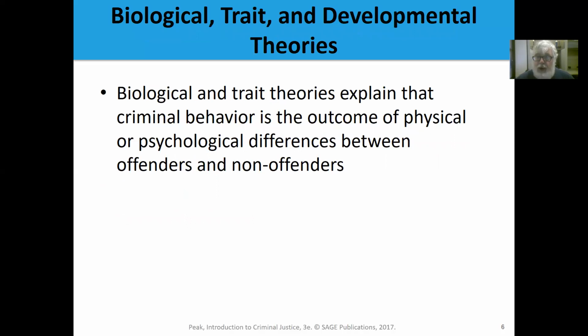Biological trait and developmental theories suggested that there were biological things going on, traits that people were born with that would explain criminal behavior, and that criminal behavior was the result of these physical or psychological differences between offenders and non-offenders.